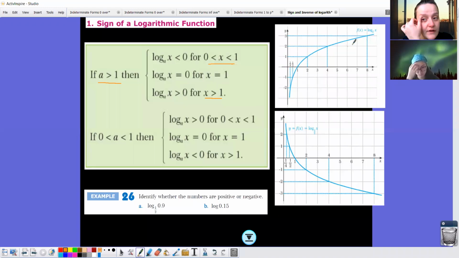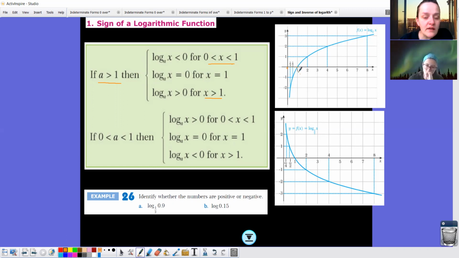So here you have some graphs. The first one is when your base is greater than 1. We can check if x is between 0 and 1. Look, when x is between 0 and 1, your graph is down. It's always negative, okay?